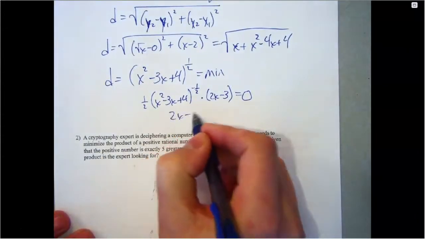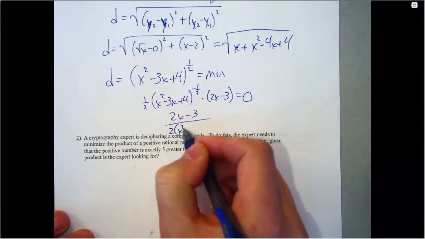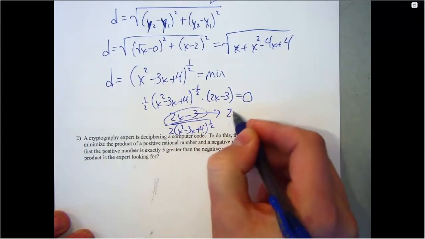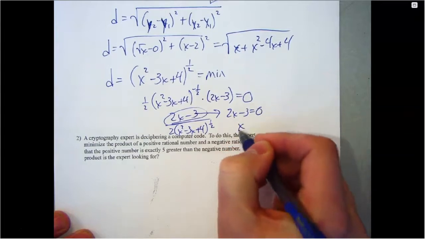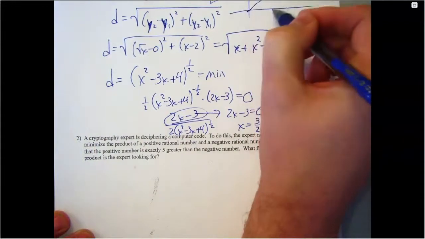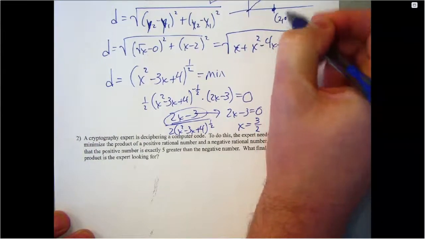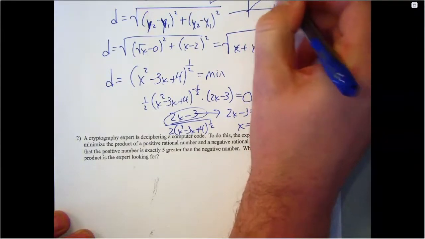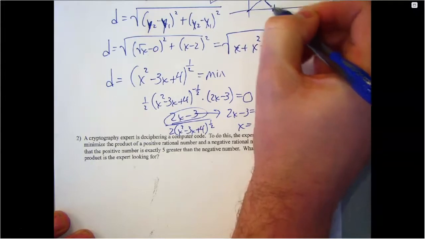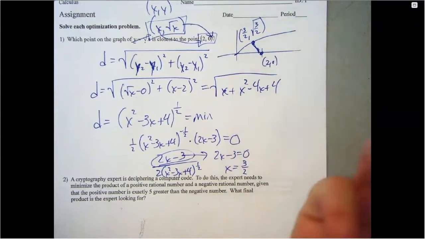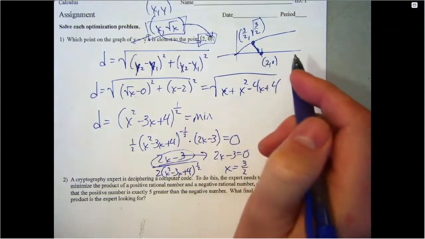If you make that into a fraction, you get this, and if you set the top equal to 0, 2x minus 3 equals 0, gives you x equals 3/2, which makes a lot of sense. If you're trying to get close to the point 2 comma 0, 3/2 comma square root of 3/2 is probably right around there, which the shortest point would be whatever has a perpendicular line. That looks like it would be about there. Okay, how many had that for 1?